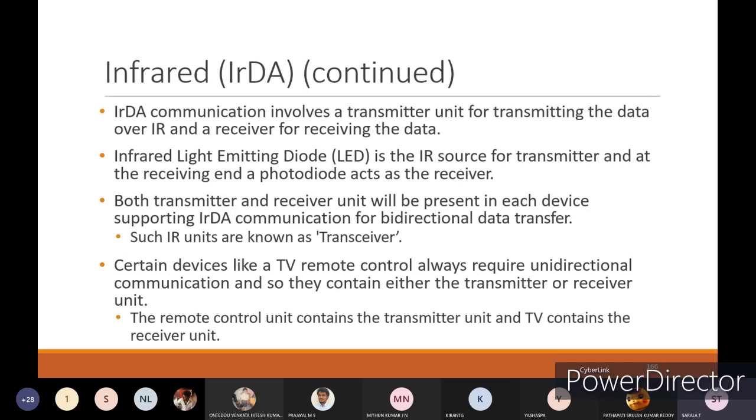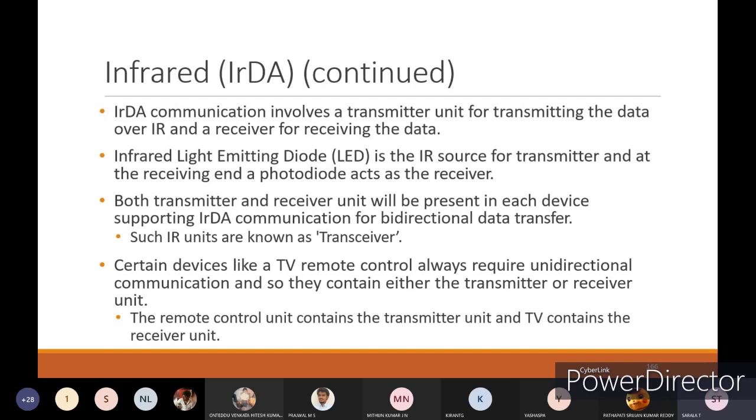Whenever you are transmitting data, you need to transmit light as infrared, so you have the light emitting diode which can transmit infrared. At the receiver end, the photodiode detects this light, converts the light rays into received data as a voltage, and gives it as an input to the receiver device.